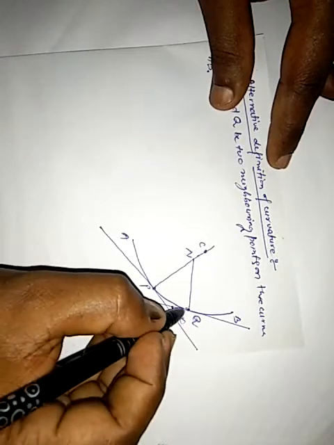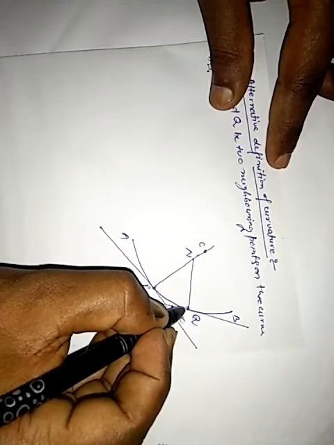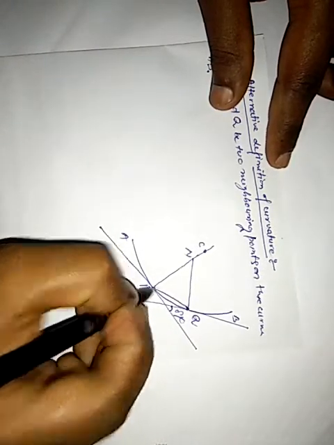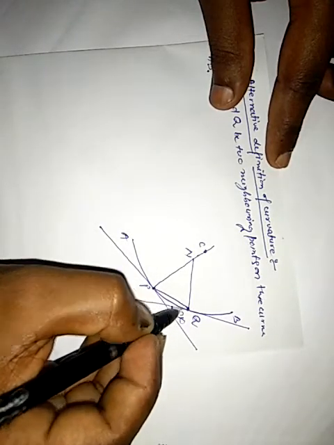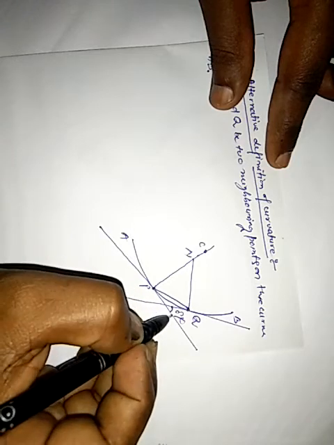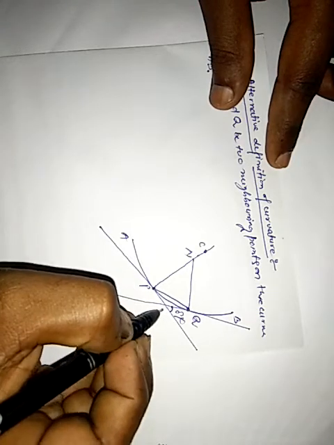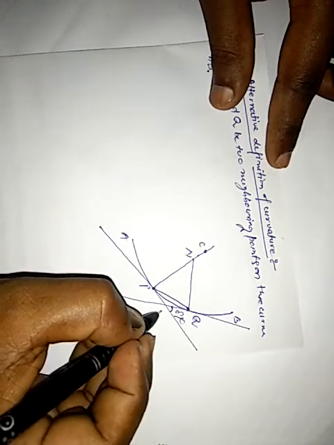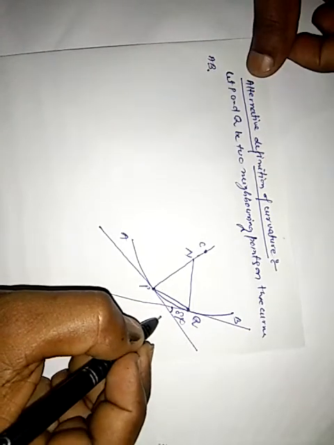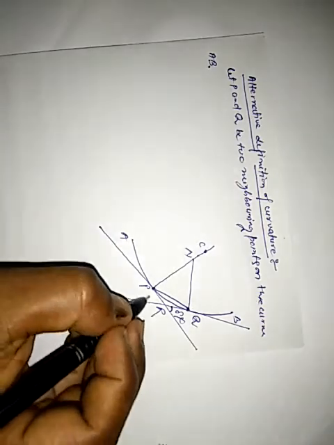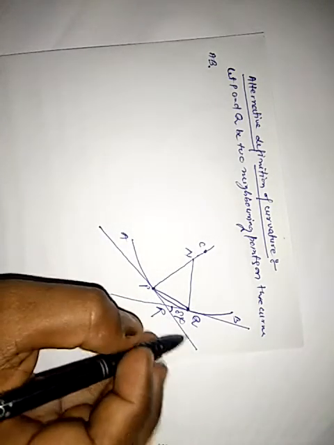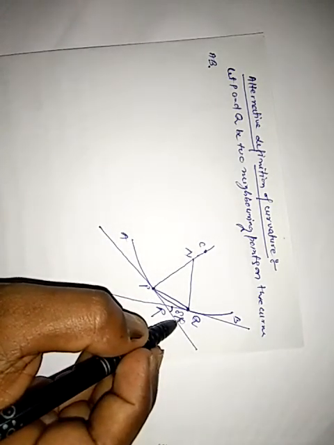Let us join the points P and Q. If the tangents intersect at R, then PQR is a triangle, and delta psi is an external angle.